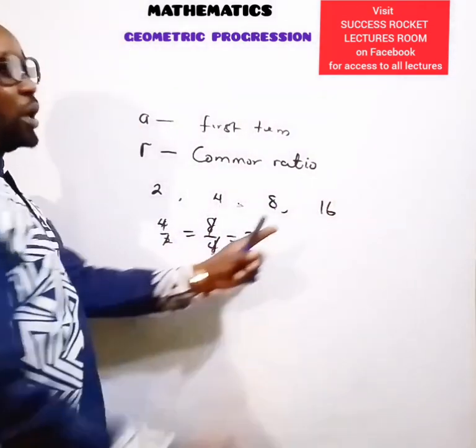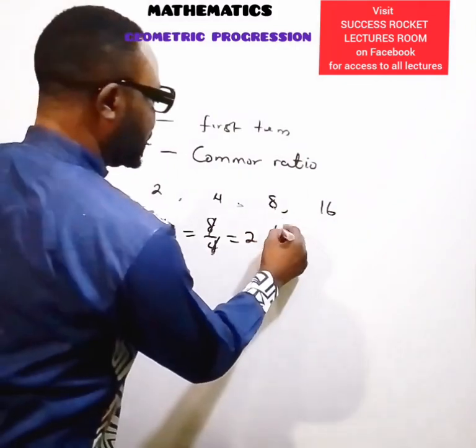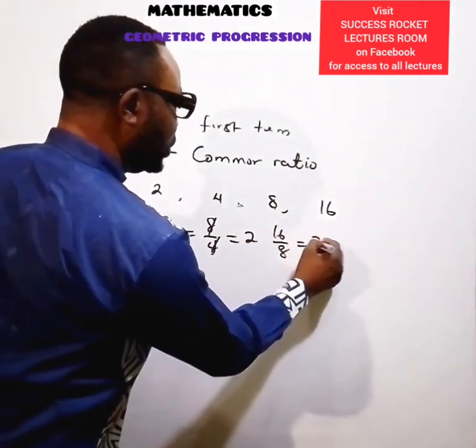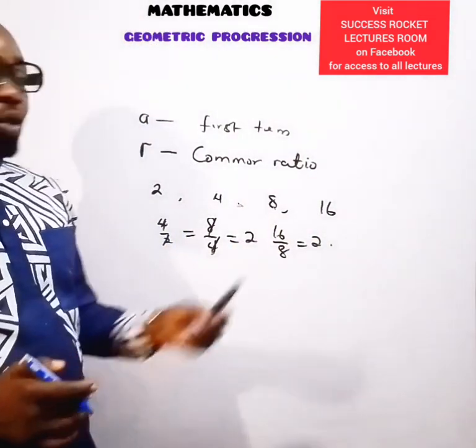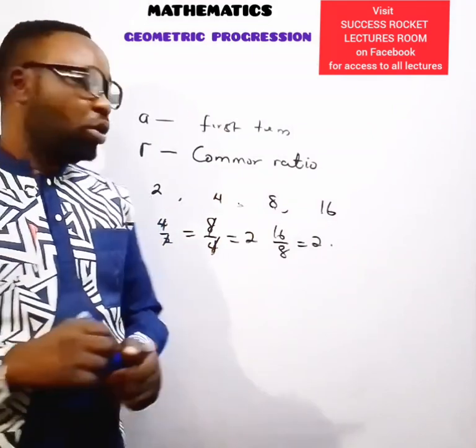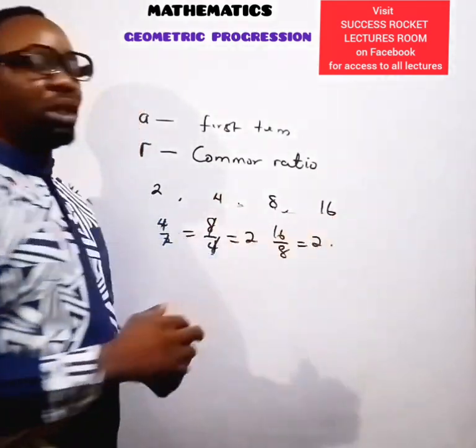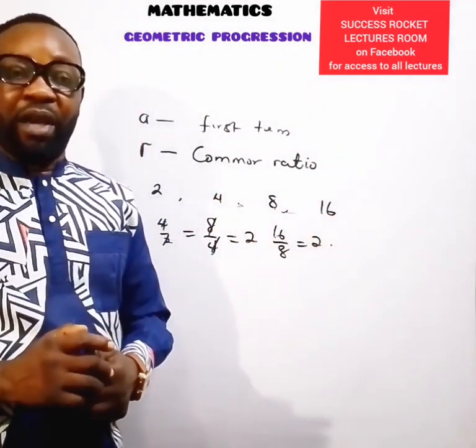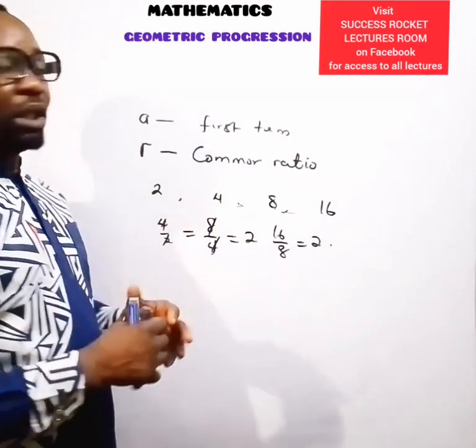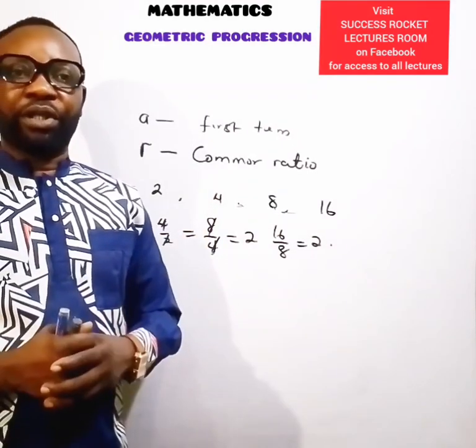The same thing happens here: 16 over 8 is equal to 2. We have established what we call the common ratio between this set of terms. That is why we call it geometric progression.